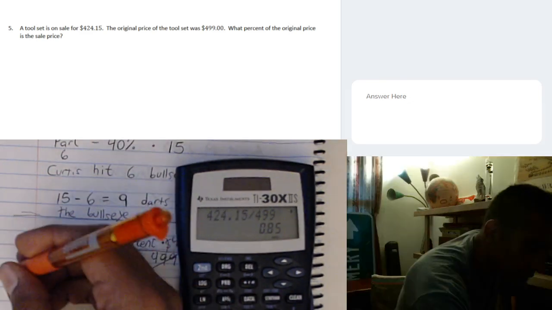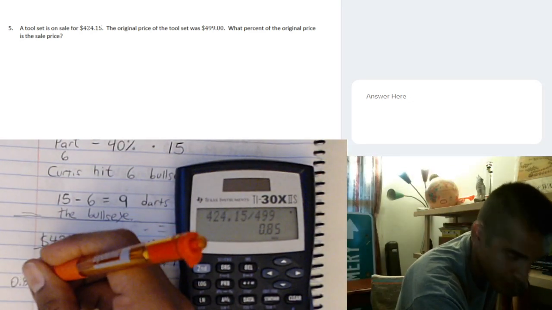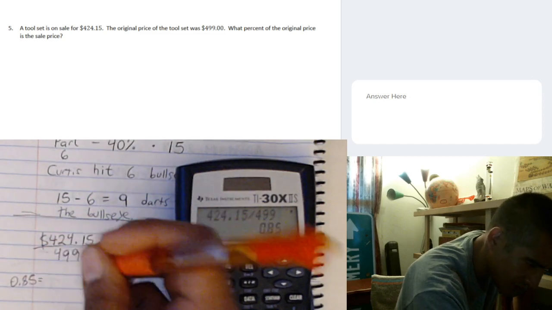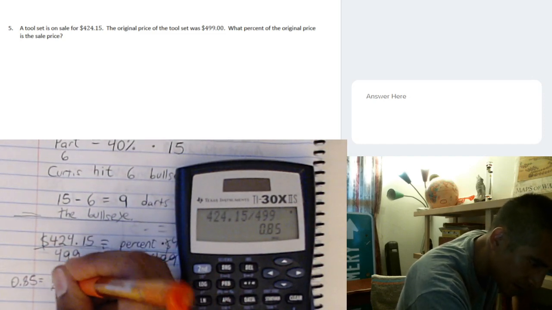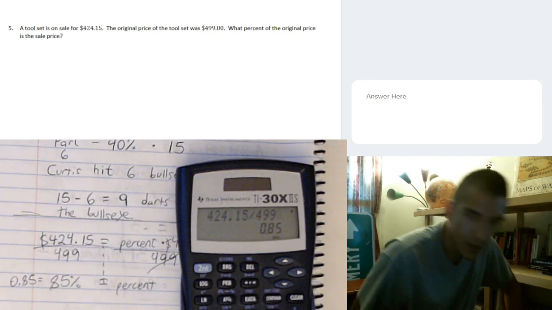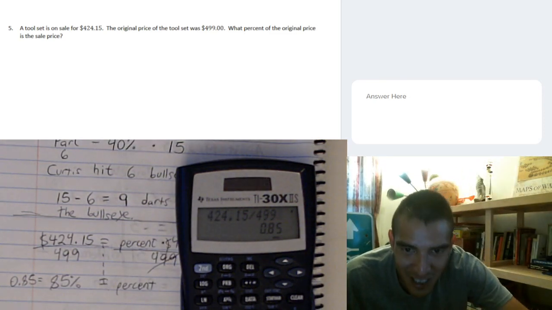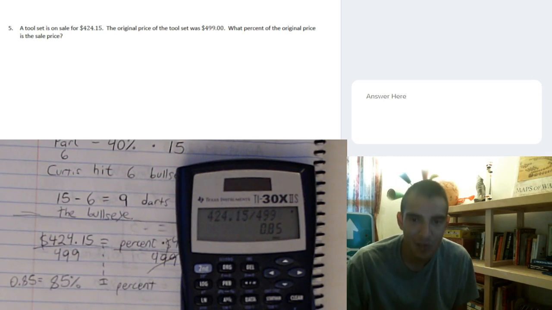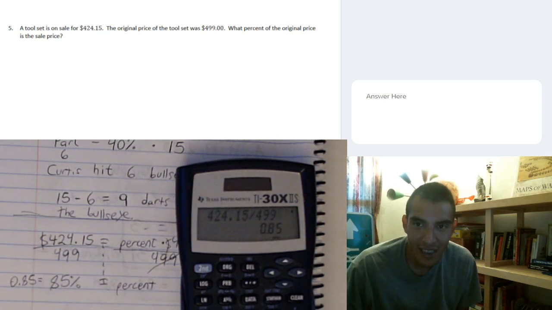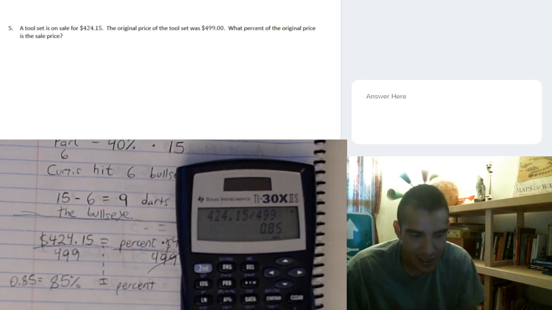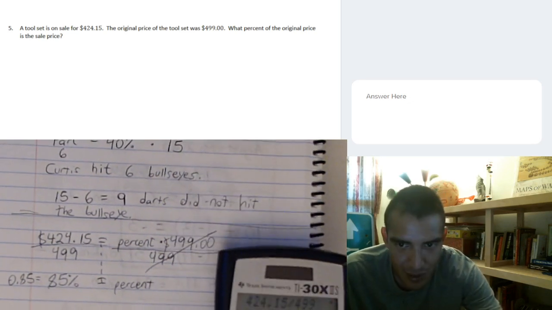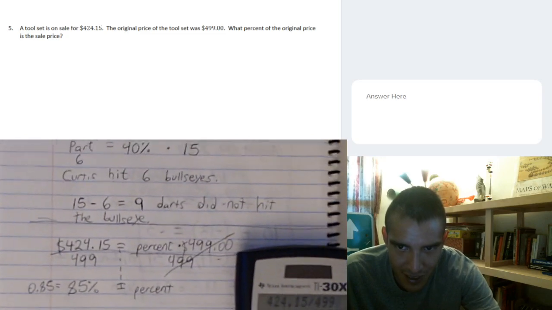Okay, we know that 0.85 equals 85%. So the new price of the tool set is now only 85% of the original price. That's kind of nice, right? So nice cheap tool set. Oh, actually that's a pretty expensive tool set. I'm not going to say that's cheap.